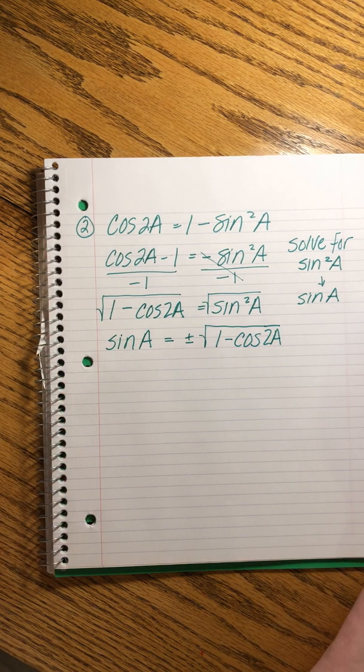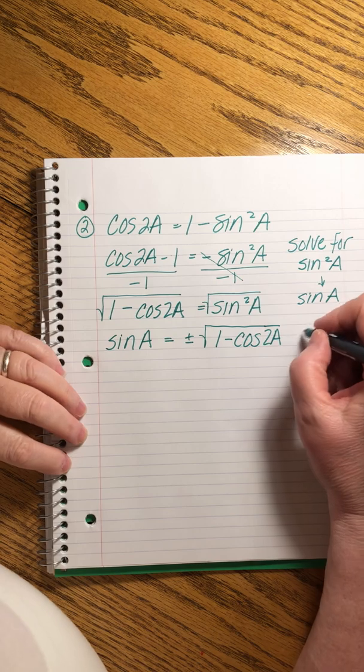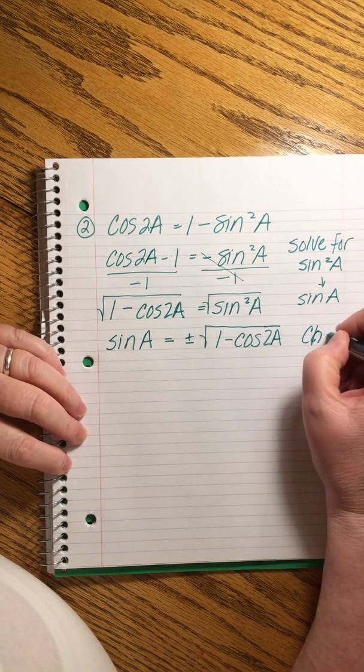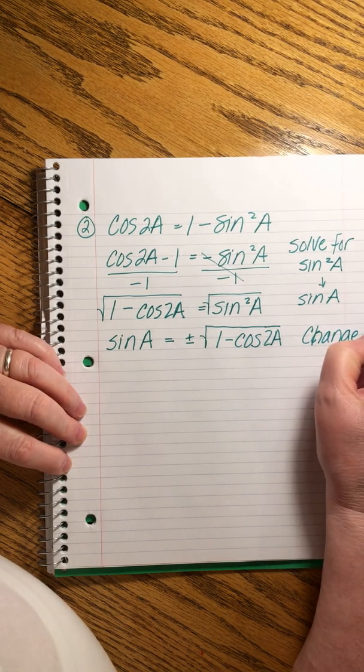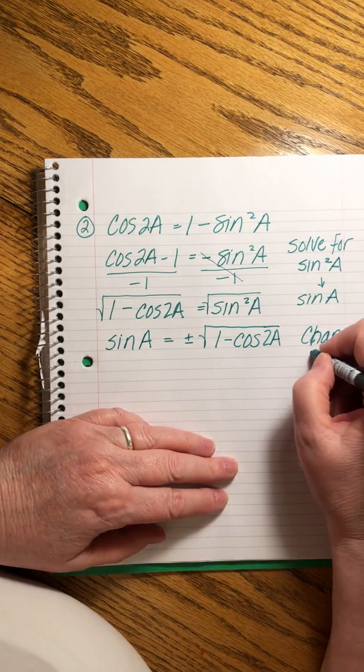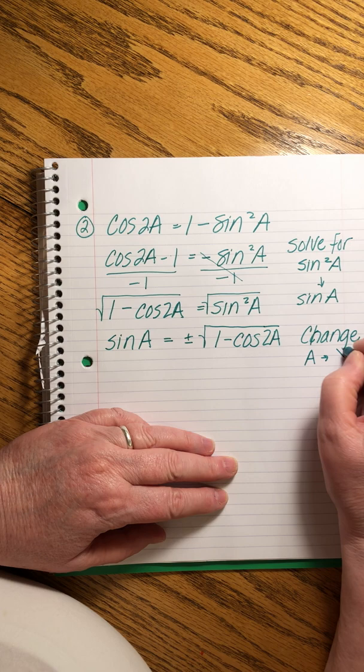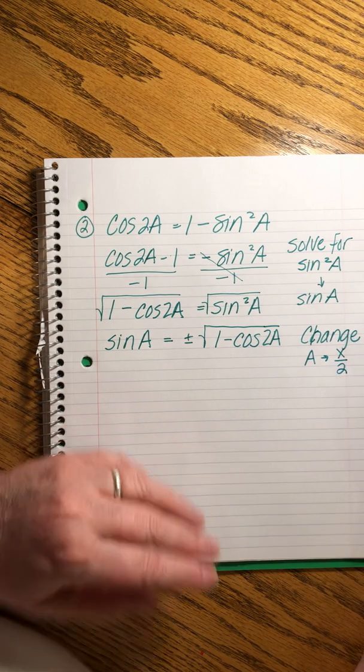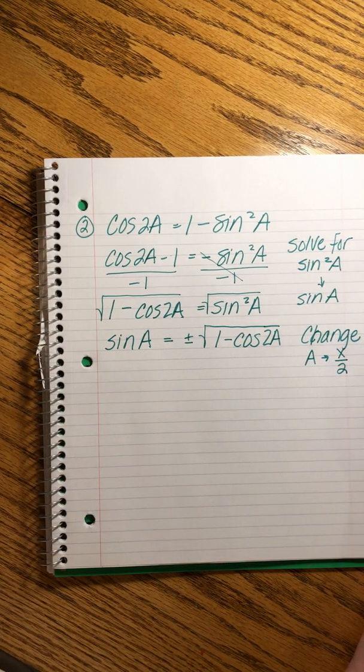Now I'm going to do something that's going to blow your mind. We're just going to change the letter A to x over 2. What? Yeah, we're just going to change it.